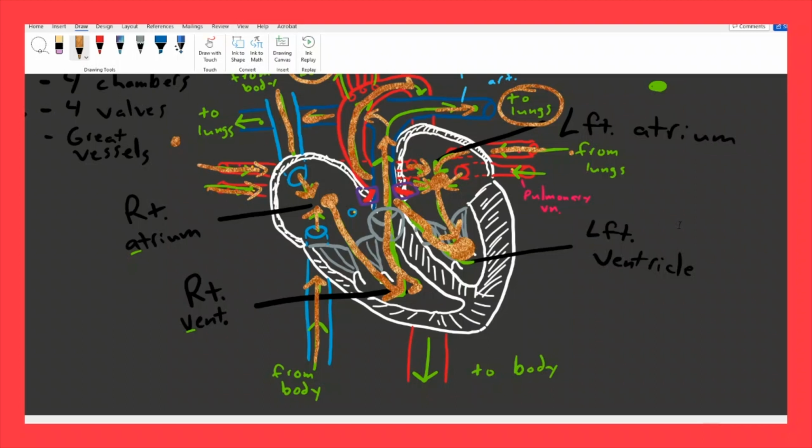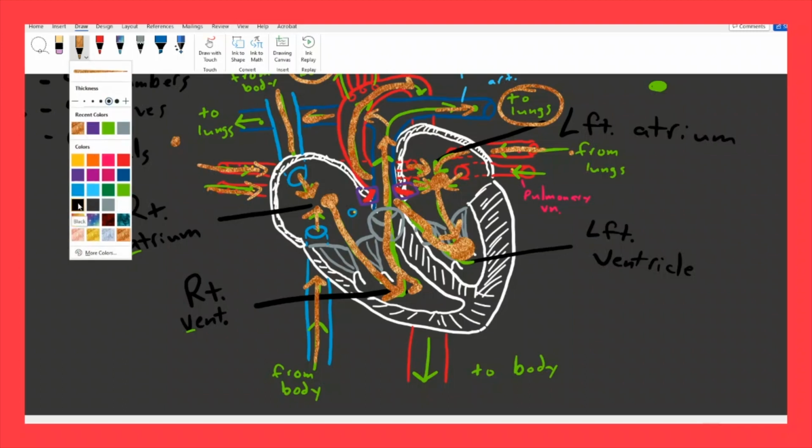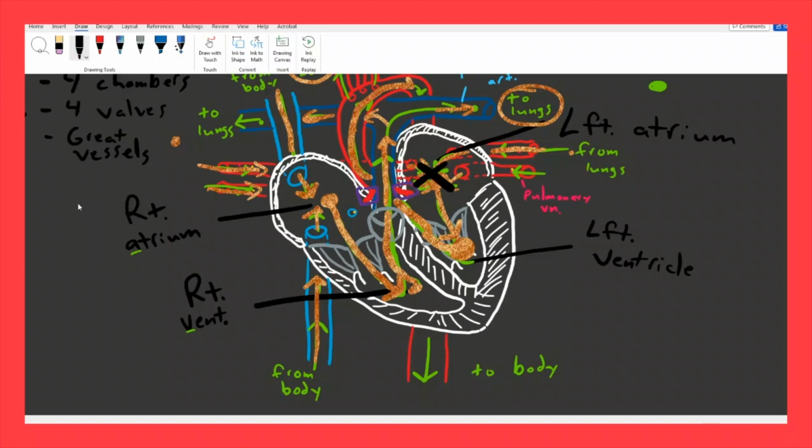Let me ask you a similar question. Blood is in the left atrium. What valve will it go through next? The mitral valve. Right here, the left AV valve.